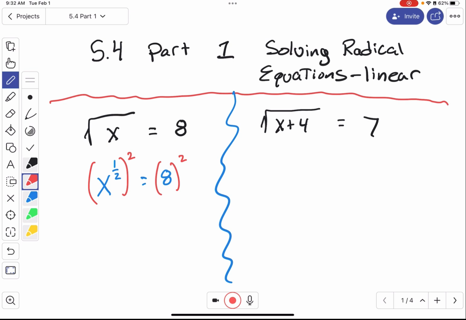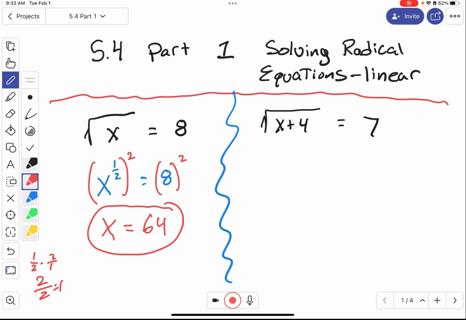Now when we go power to power, you multiply. So if I take 1/2 times 2, which is 2 over 1, that gives me 2 over 2, which is just equal to 1. So all I have left here really is x. And then in this case, 8 squared is 64, exactly what we said it should be.